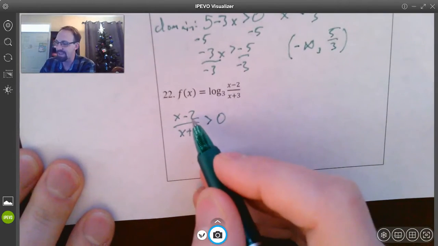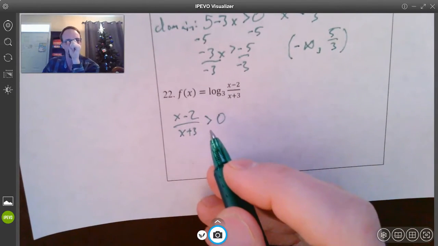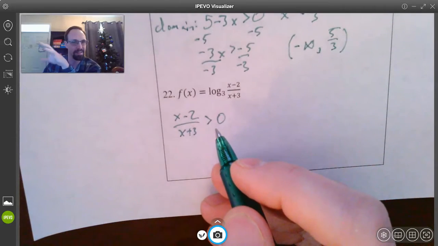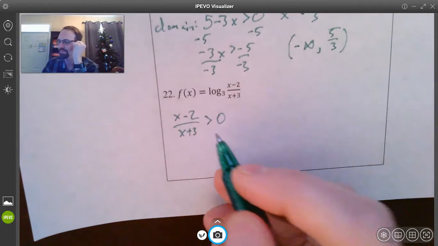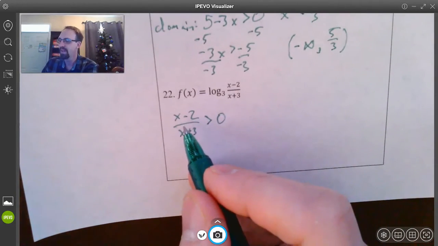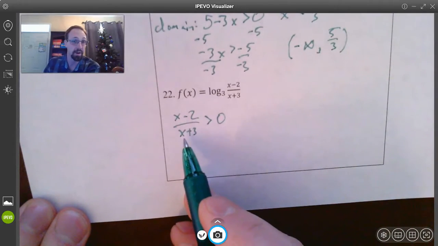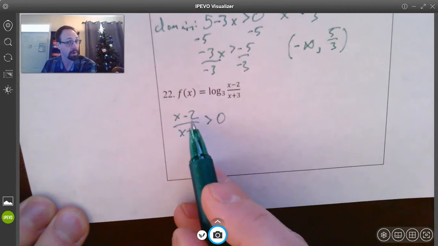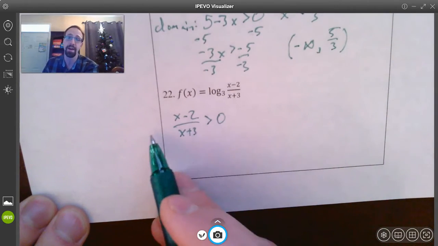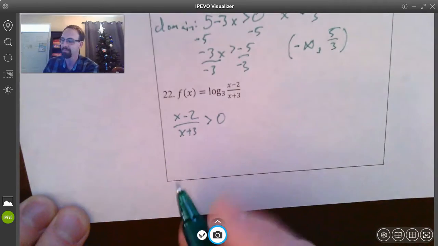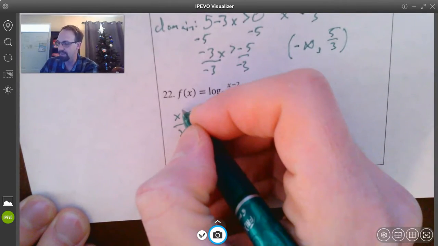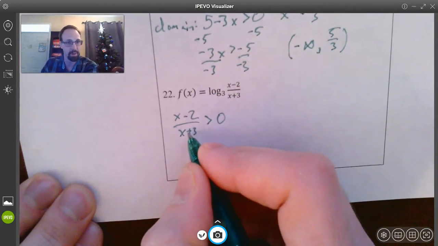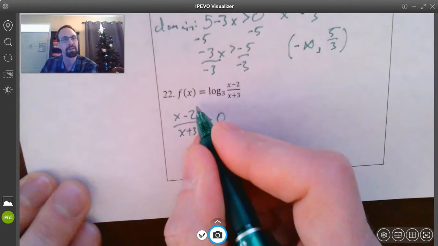So let's think about this in a general way. On this graph, I could have values that are greater than 2. If I have values that are greater than 2, what happens? Well, this is going to be positive. This is going to be positive, so the whole thing will be positive.